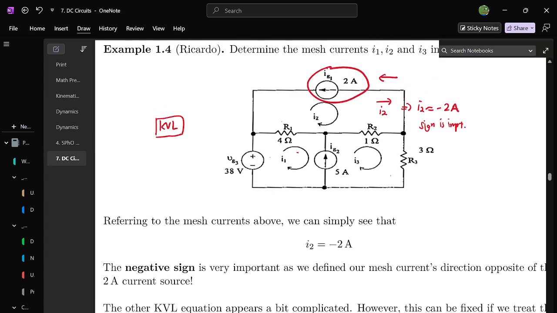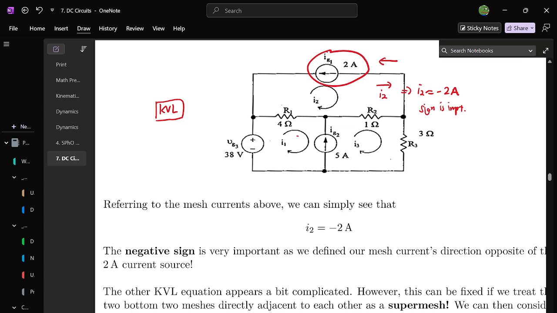But you want to look at the other two loops here. It might be a bit more complicated because you have this random 5 ampere current source in the middle of nowhere, and this affects how your mesh currents are defined. But things can be solved if you consider what we call a super mesh. Just like a super node, you also have super meshes. In this case, your super mesh is just this whole thing here.